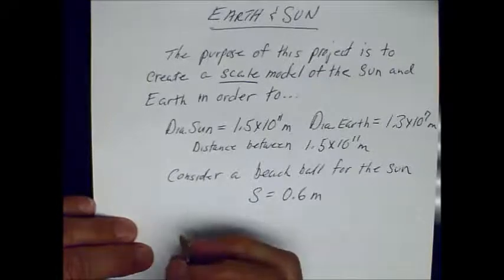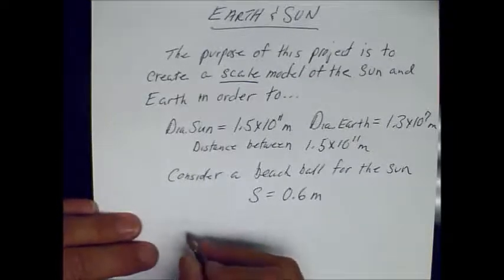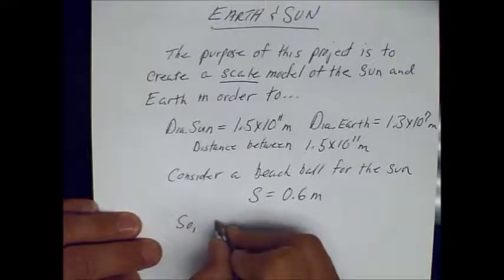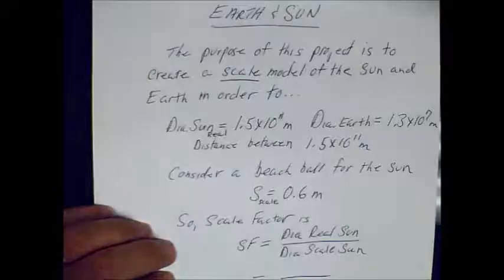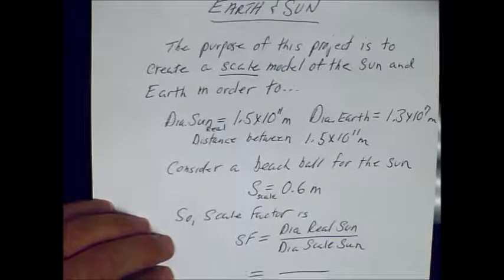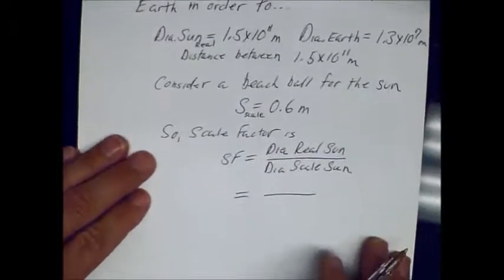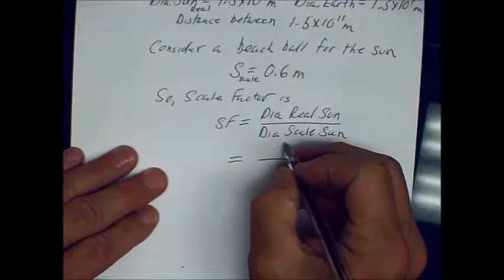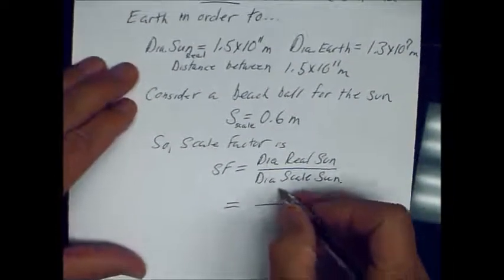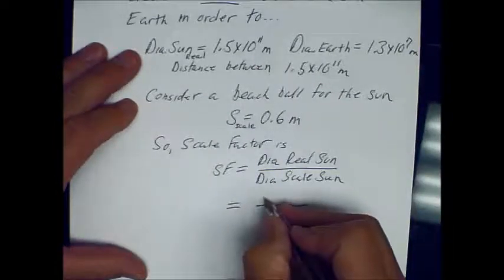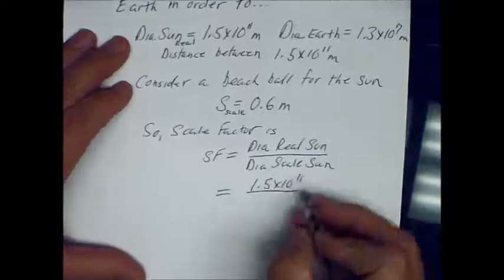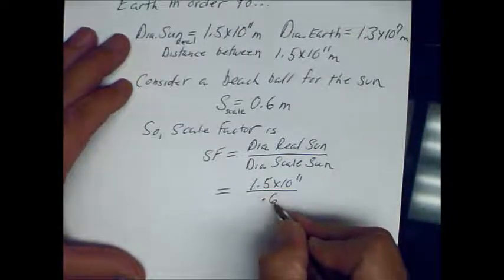All right. Step number 4 wants you to calculate a scale factor. So scale factor is the diameter of the real Sun, 1.5 times 10 to the 11, divided by the diameter of the scale Sun, which is 0.6.